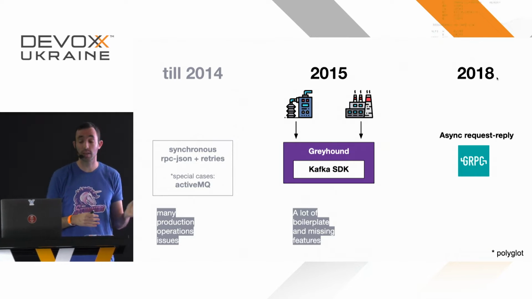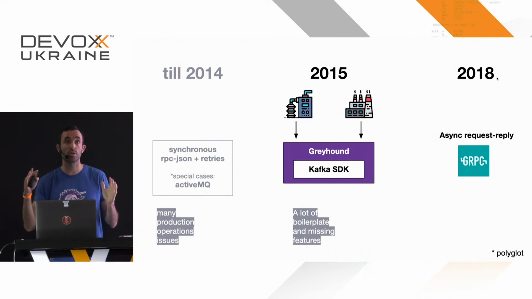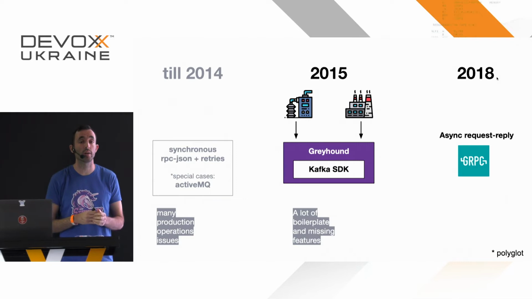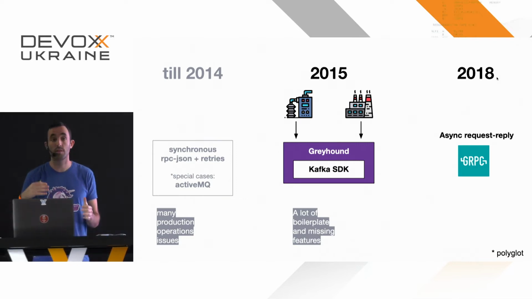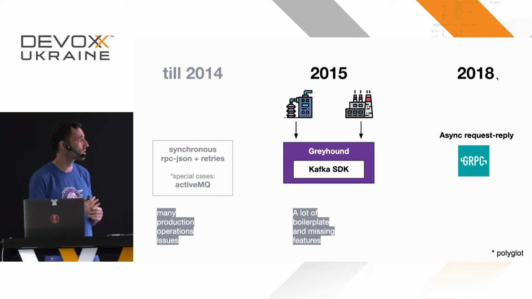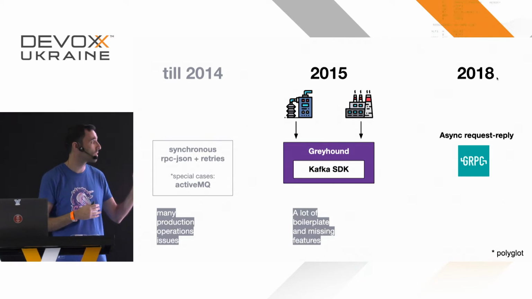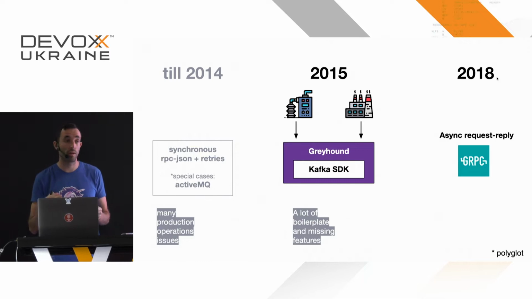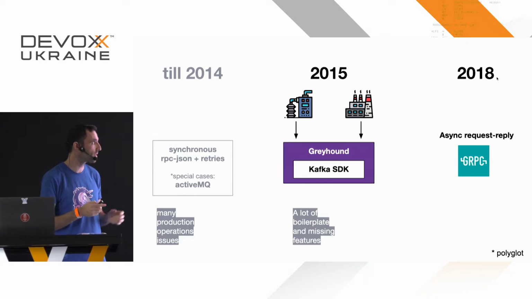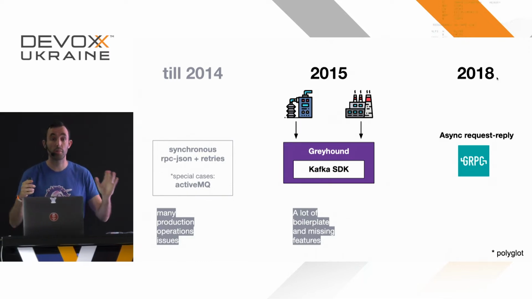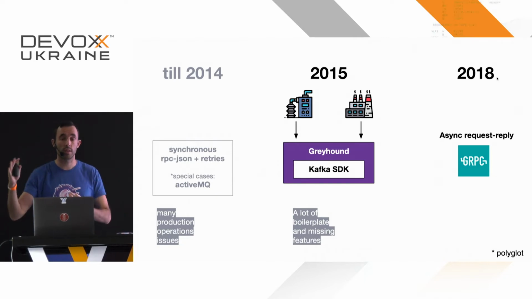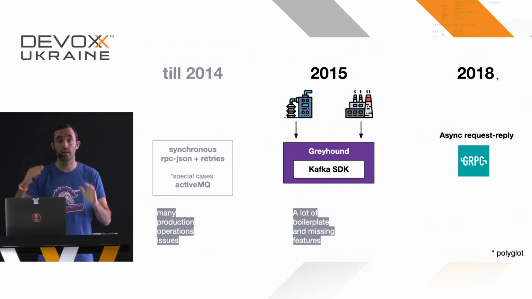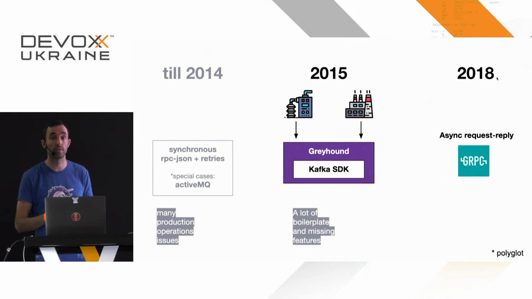And for us at Wix it also allowed us to switch to a more polyglot nature of our microservices with introducing Node.js-based services and be able to communicate between the different services with gRPC. So basically, we have a hybrid model of some request reply and a lot of event-driven messaging.